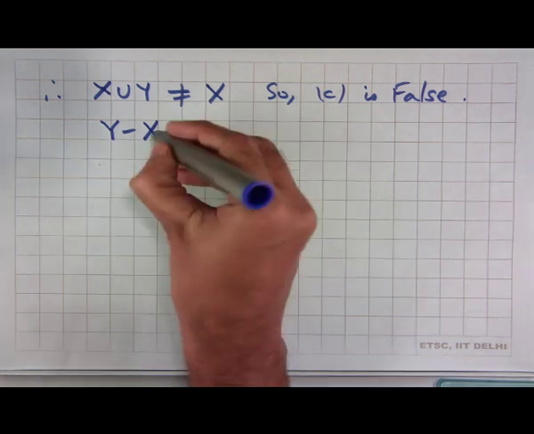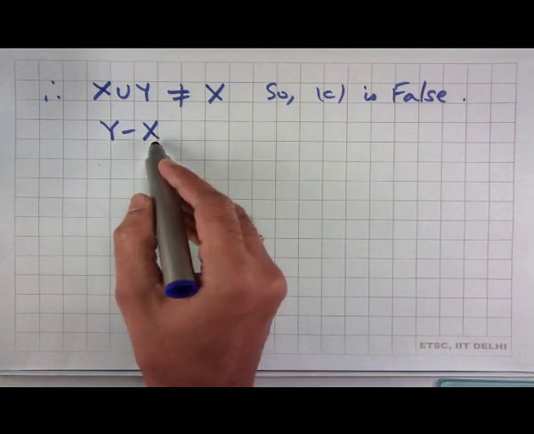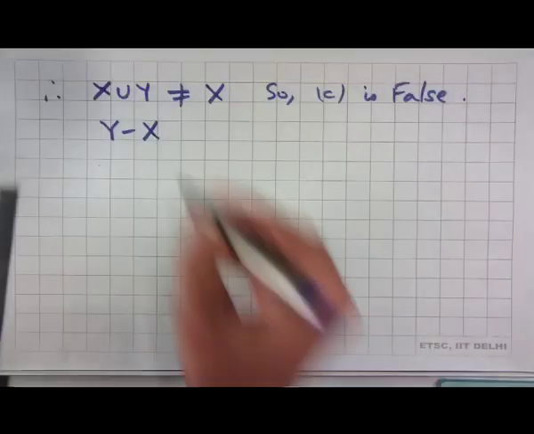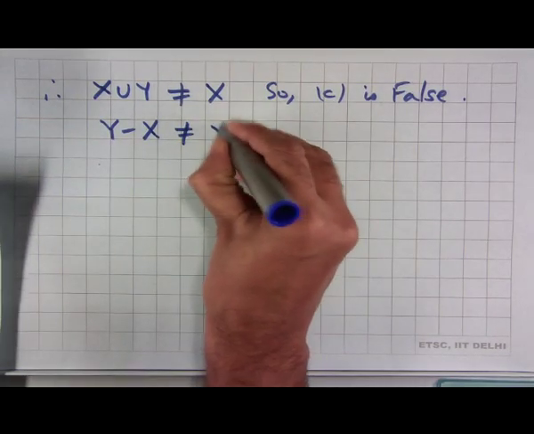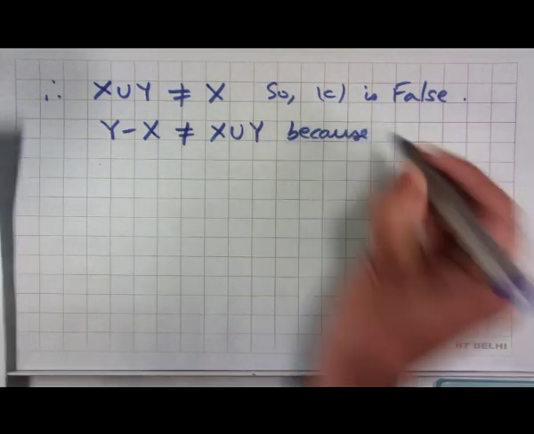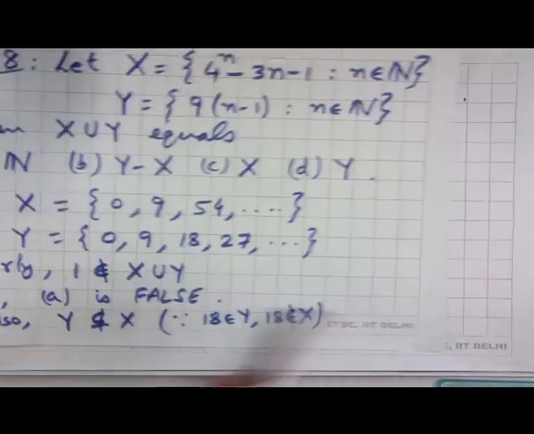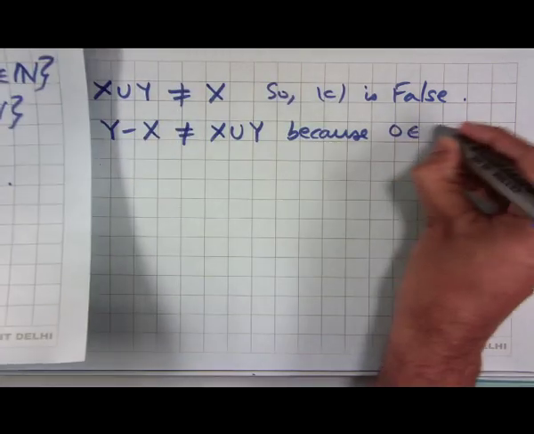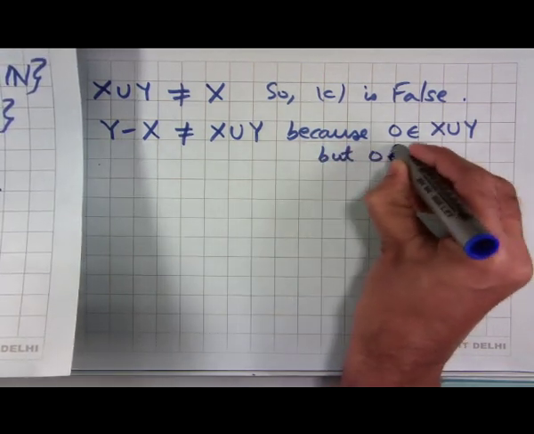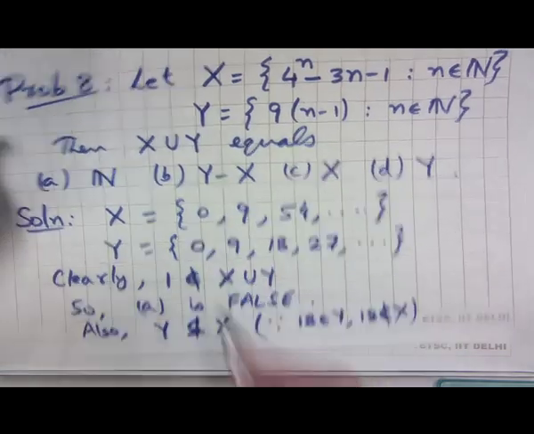So, this contains all the elements in Y which are not in X. So, this is again not equal to X union Y. This is because if you see, 0 belongs to X union Y, but 0 is not in Y minus X, because 0 belongs to both X and Y.